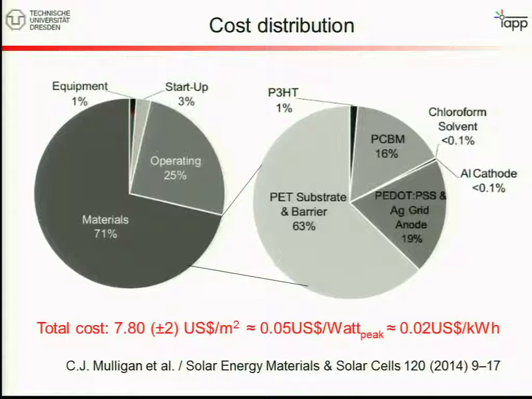They calculated that you can reach $7 to $8 per square meter for a module. If you reach 15% or so in a module, which is doable, this converts to about $0.05 per watt peak. And if you do a very academic rough calculation and assume that you can scale the system costs as aggressively, the kilowatt hour in a hot country will cost about 2 cents.